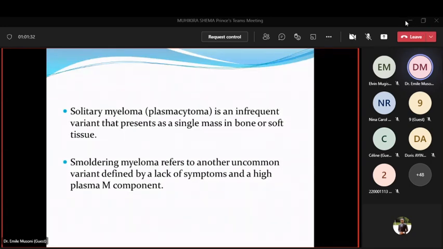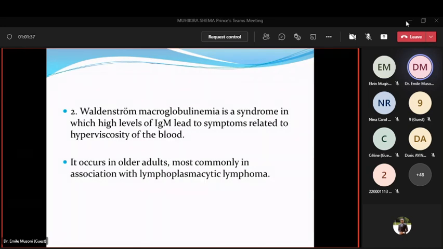There is another one called Waldenstrom macroglobulinemia. This is a syndrome in which high levels of IgM lead to symptoms related to hyperviscosity of the blood. This one occurs in older adults, most commonly associated with lymphoplasmacytic lymphoma.